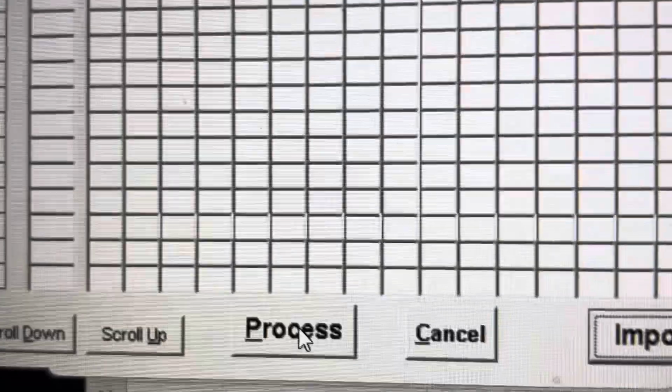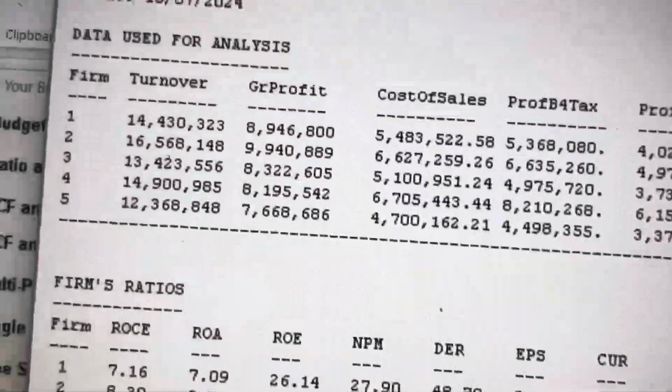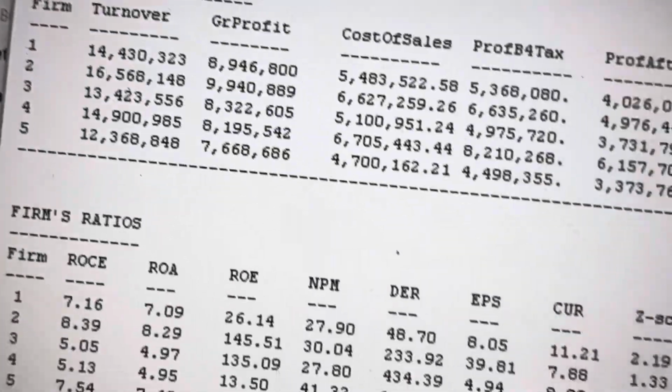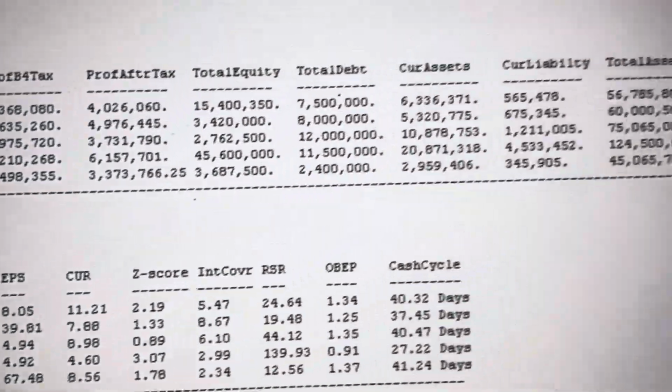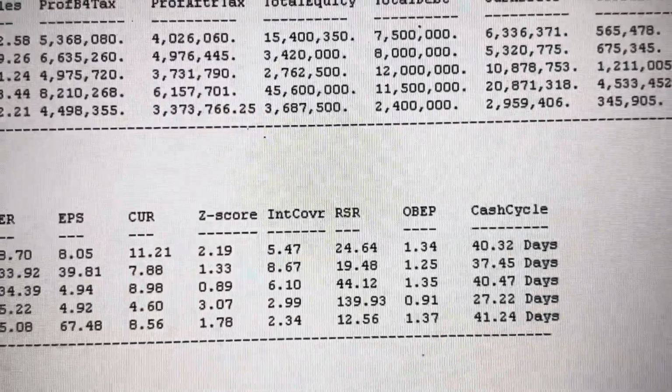So now let's click process and see what happens. You have finished processing. Now let us see what it has processed. These are the data used, the same data that we saw before on the Excel sheet.